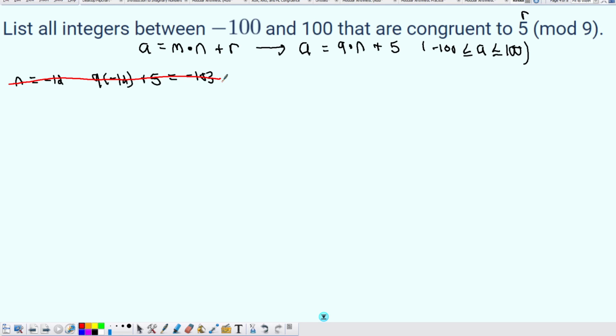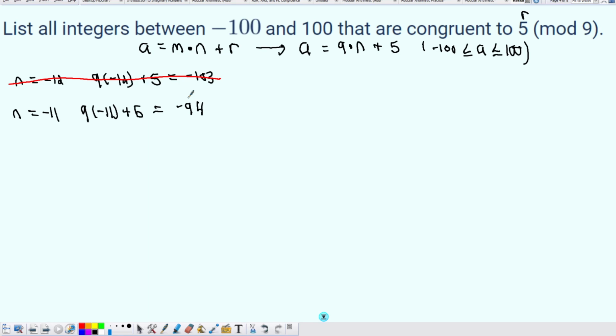But it gives us a nice idea on where to start, because now I can say, all right, what if n is negative 11? Well, then 9 times negative 11 plus 5 is negative 99 plus 5, which is negative 94. So that definitely fits the criteria.